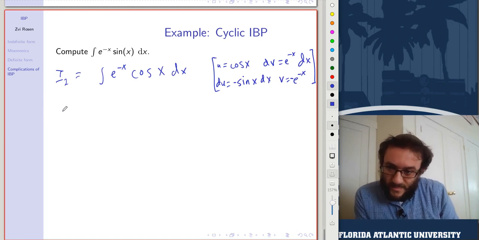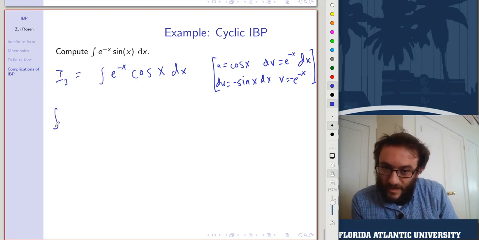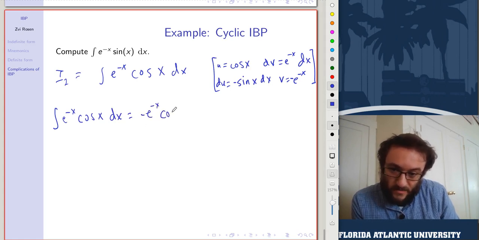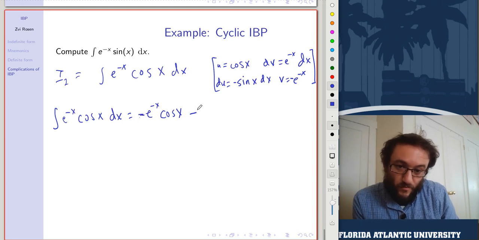And plugging this into our standard integration by parts formula, we have u dv, which is again just our I2, e to the minus x cosine x dx, equals uv, which is minus e to the minus x cosine x, minus the integral of v du, which is the integral of minus e to the minus x times minus sine x dx.